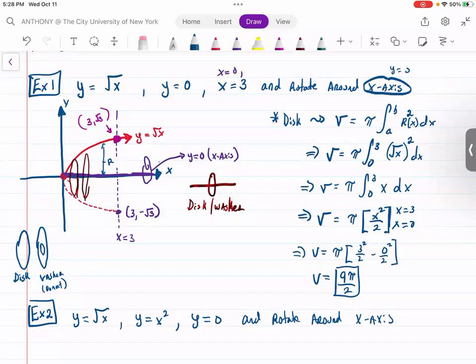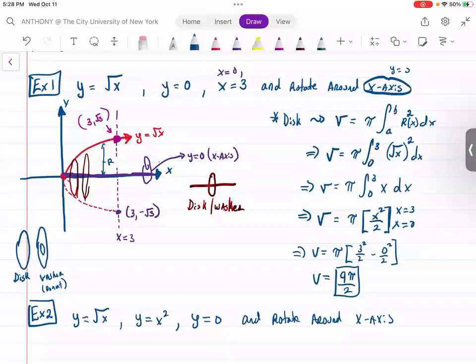For the washer method, you need an outer radius and an inner radius. The outer radius is going to be the square root of x, but the inner radius, since the x-axis is going through your disk to create this donut, is the x-axis. But the x-axis is defined as y equals 0, or simply put, 0.